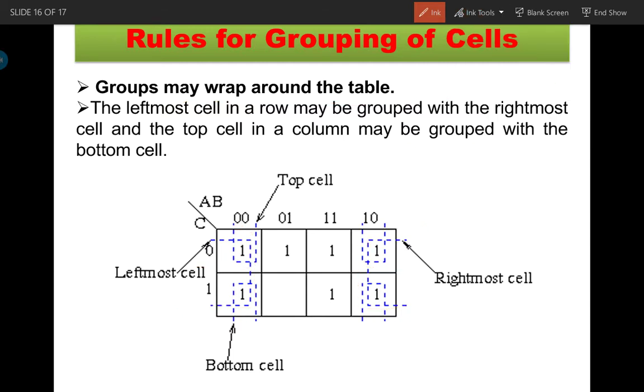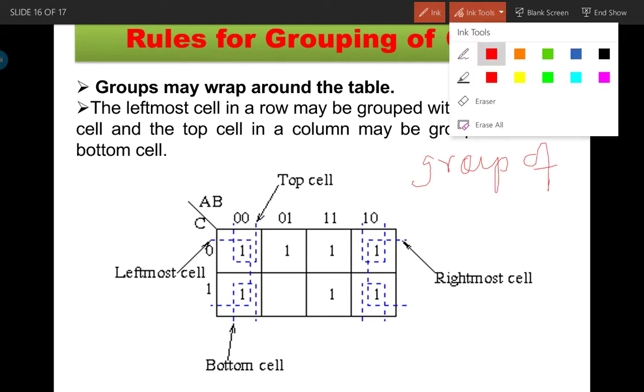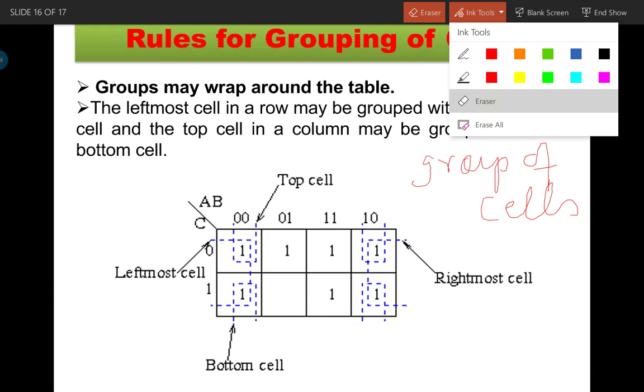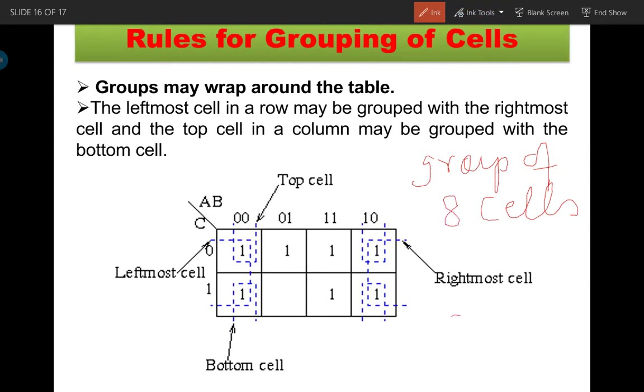So one thing you note here, that a group of four cells is known as a quad, and the group of 8 cells is known as octagroup.